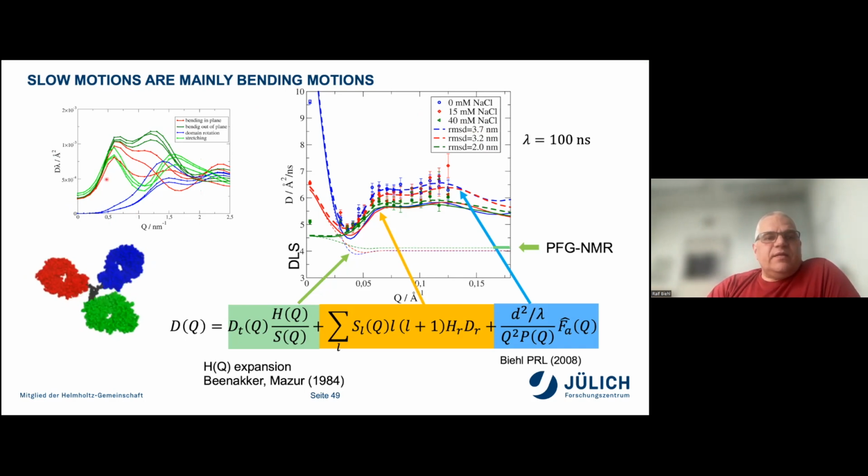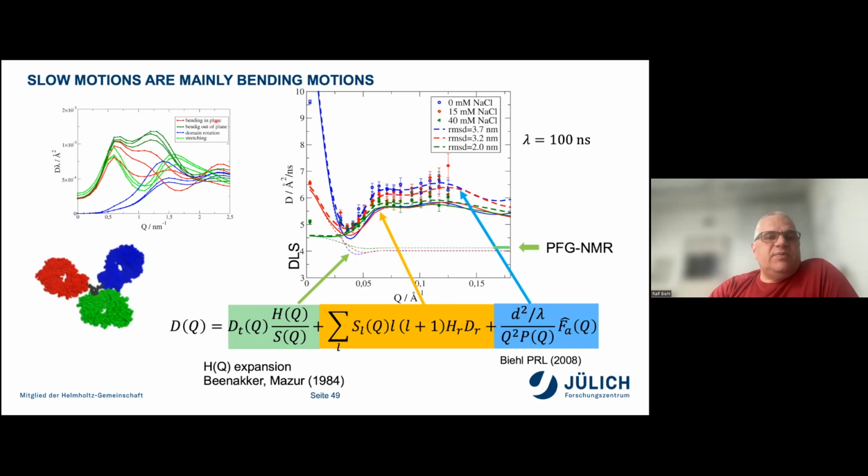The stretching movements that go from the center to the outside show a characteristic peak at 0.05 that would show up exactly in this region and have a minimum later around 1. If we would have strong contributions in these patterns for the long-time dynamics, they should show up clearly in this range.